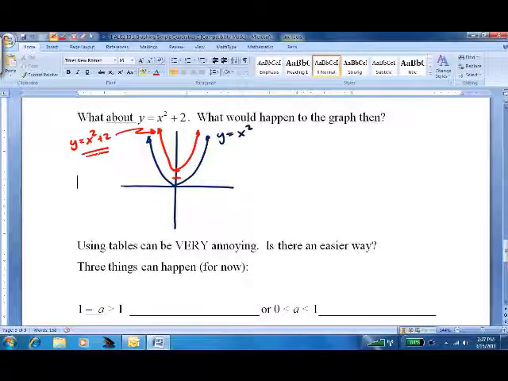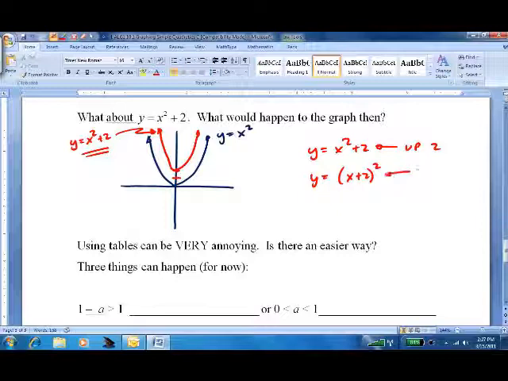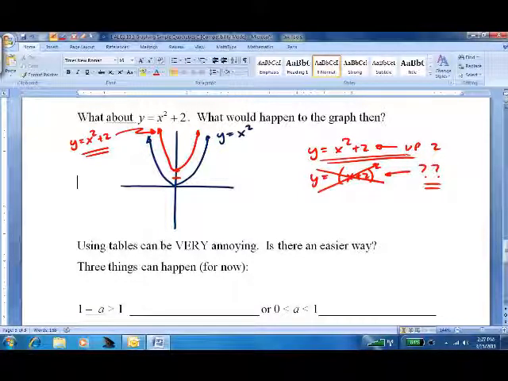Make sure we're clear, that's y equals x squared plus 2, up 2, whereas if we had it inside, that would do something entirely different, which we will talk about next lesson. So don't worry about this for now. Make sure we're clear this is what happens.